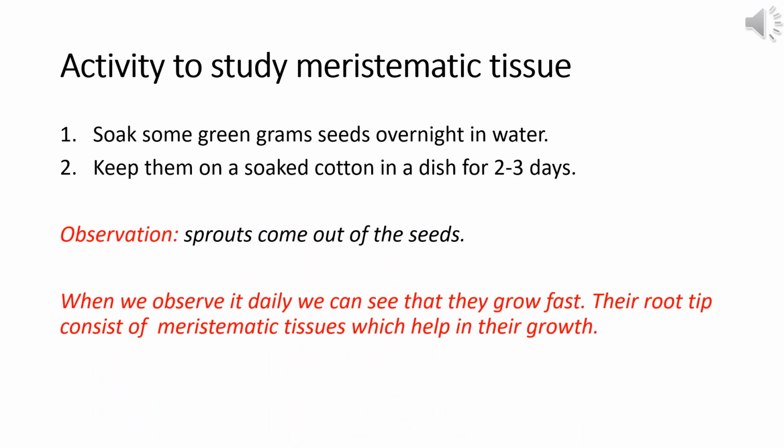When we observe them daily, we can see that they grow fast. Their root tip consists of meristematic tissue which helps in their growth. That means the cells found at the tip of the root divide continuously and help them to grow lengthwise.